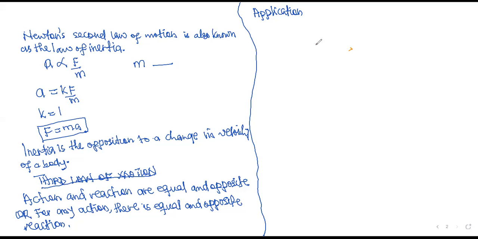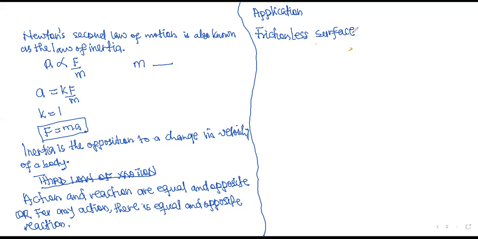So the first law can only be applied on frictionless surfaces. When there is no friction, a moving body can move at that constant velocity unless it is acted upon by an external force.